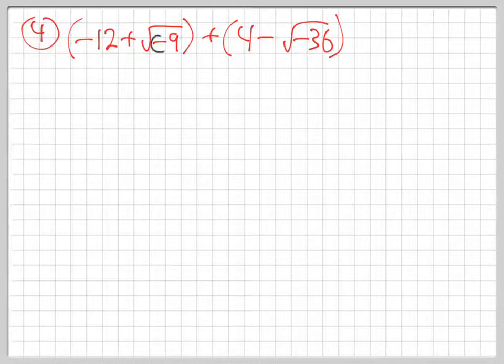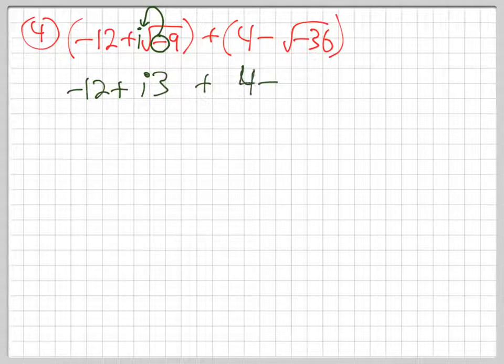We take that little negative inside the root and we pop an i right to the front of that root. So we get negative 12 plus i times 3, or 3 times i, same thing either way, plus 4 minus, and that little negative in the root, again, pops out an i, and then the square root of 36 is 6. And you can write 6i, i6, whatever.